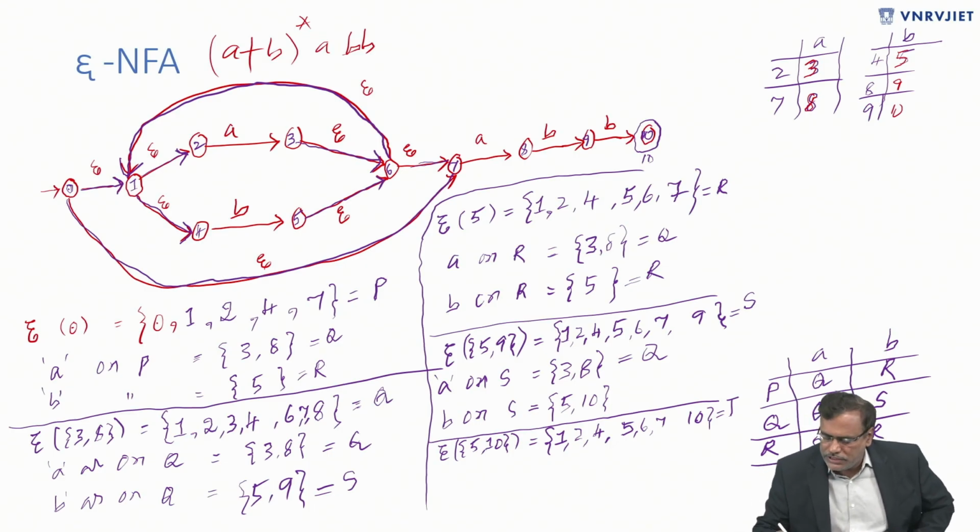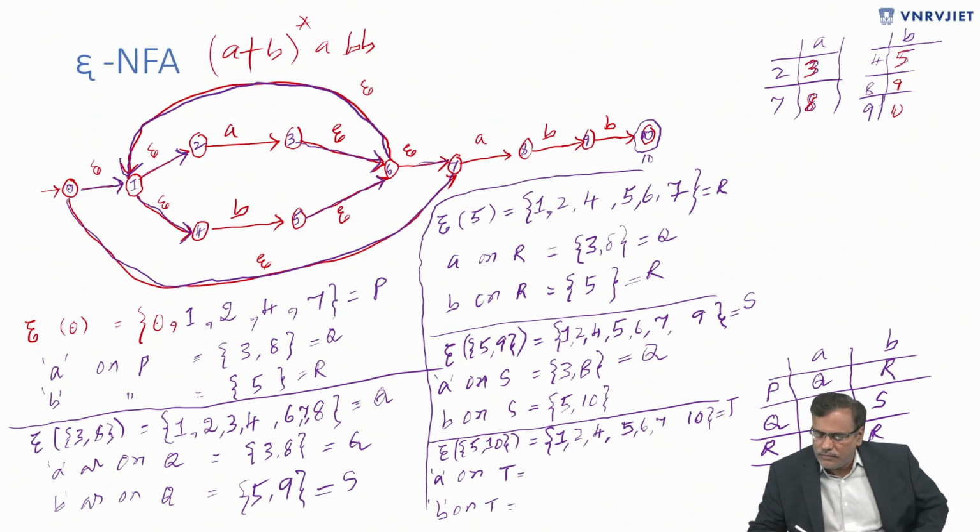So next, what do you have to do? A as input on T and also B as input on T. So A as input on T: you know what this T is?